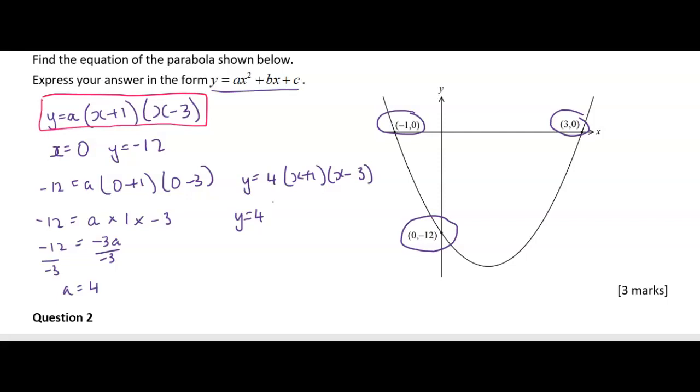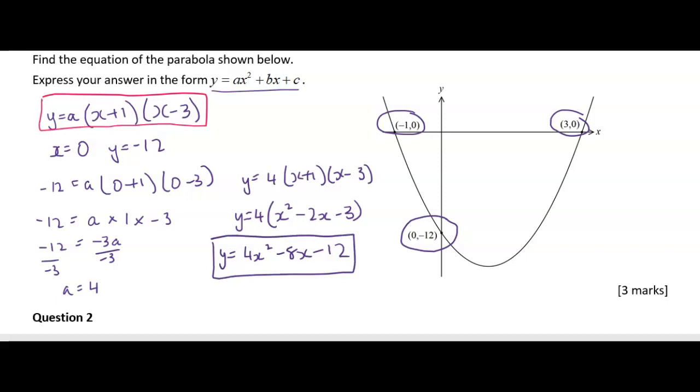So x times x is x squared, x times -3, and then we're going to have x, so it's going to be minus 2x. 1 times -3 is -3. And now we put that 4 through everything inside the bracket. So 4x squared minus 8x minus 12. And there's your equation of this graph.